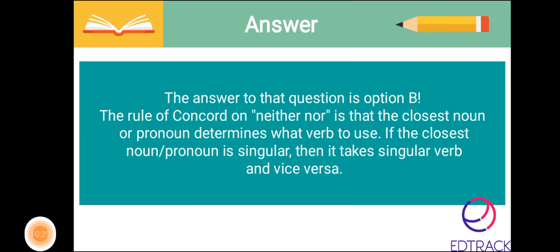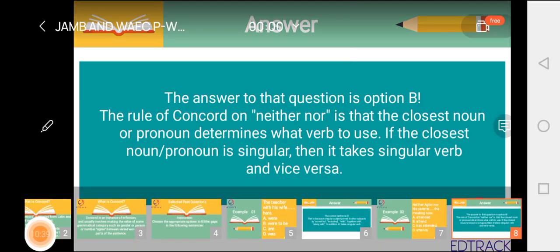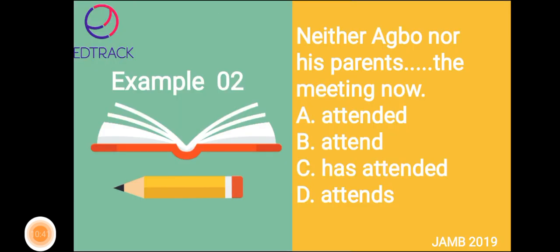So if the closest noun or pronoun is singular, then it takes a singular verb, and vice versa. So let us take a look at the expression again. Neither Agbo nor his parents. Now, the closest noun to this is what? Parents.